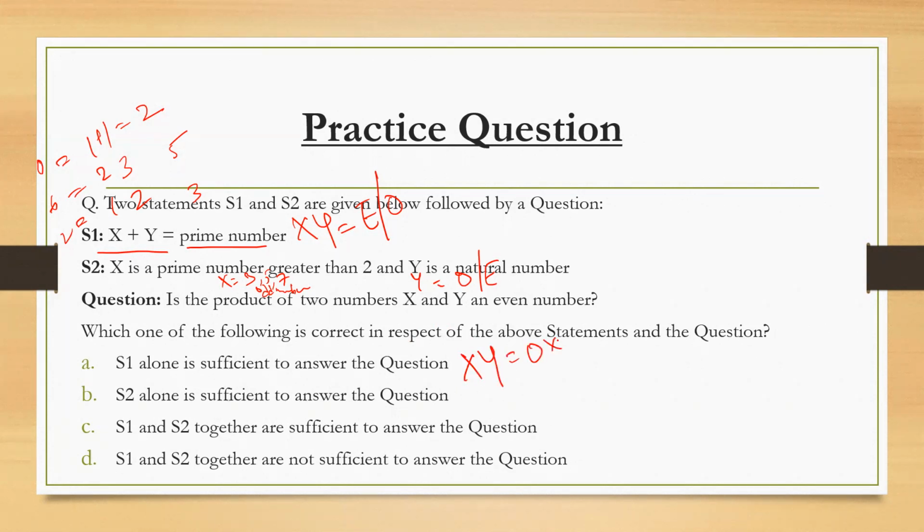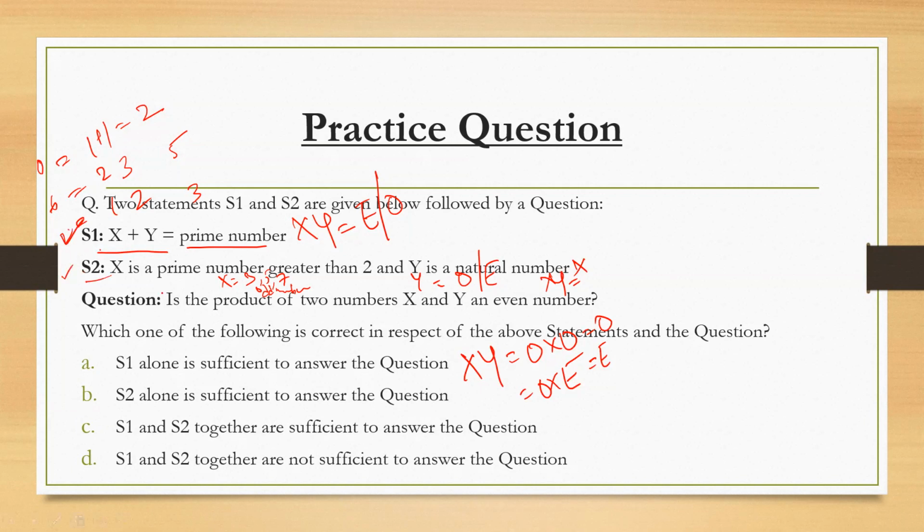Xy is odd into odd or odd into even. When you have odd into even, what happens? This is even. So that means what? It could be both. Again, xy could be odd as well as even. Okay, both conditions are possible. So does it answer my question? It does not. So from here we can clearly say statement 1 does not answer my question.